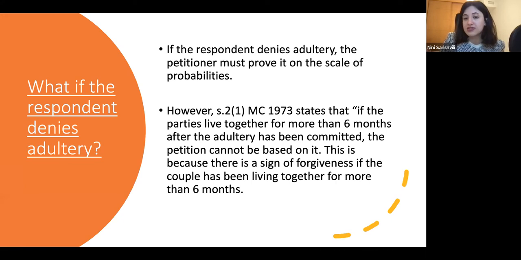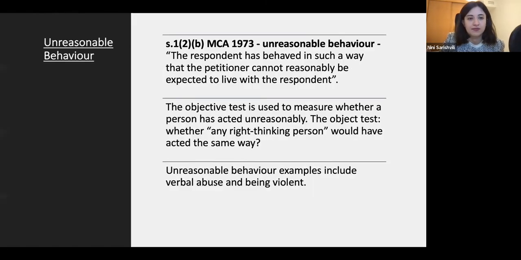This is because there is a sign of forgiveness. So if adultery is committed, that is not a straightforward ground for getting a divorce, only if the couple hasn't been living together for 6 months after the incident occurred.